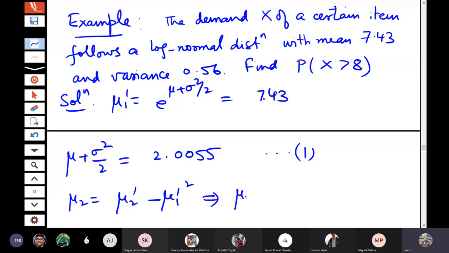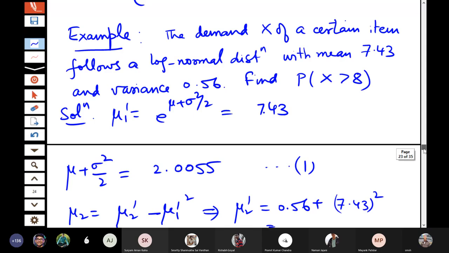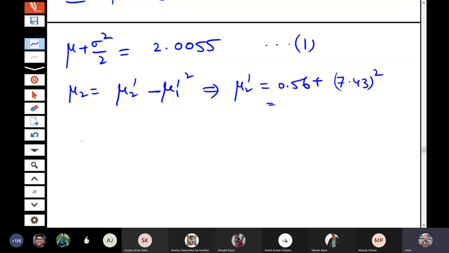So mu 2 prime is equal to the variance plus this mu 1 prime square, that is 7.43 square, and the variance is 0.56. So mu 2 prime was e to the power 2 mu plus 2 sigma square. That gives me 2 mu plus 2 sigma square is equal to 4.0211.